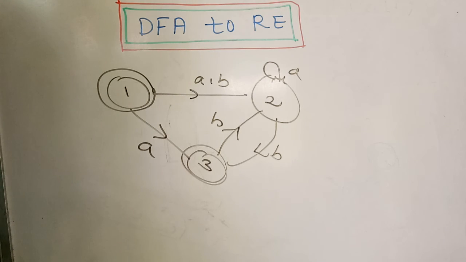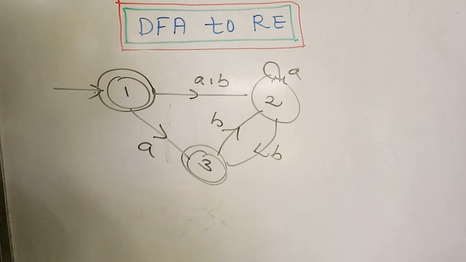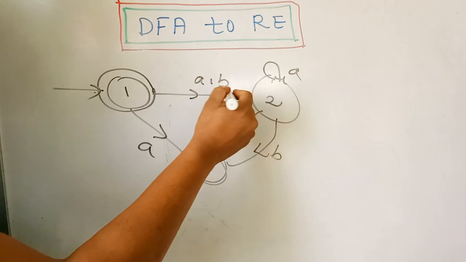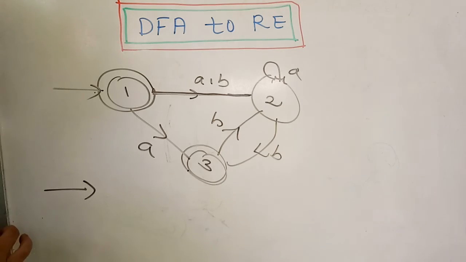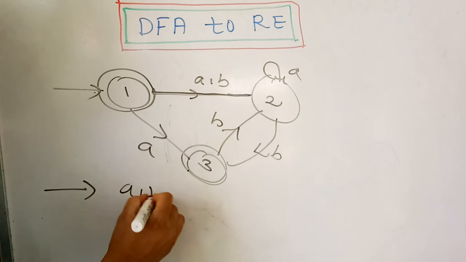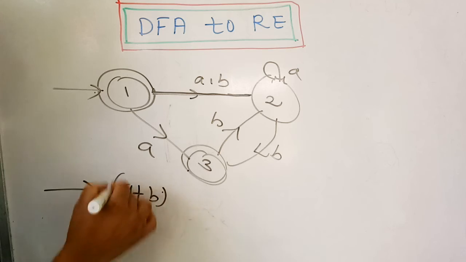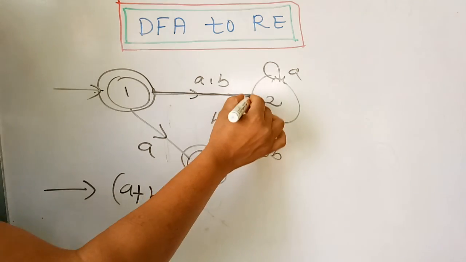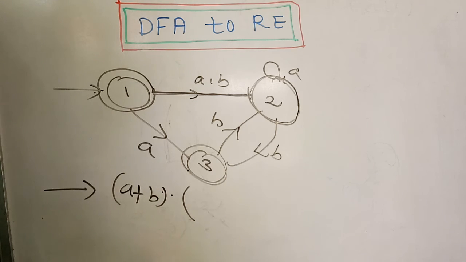After eliminating these states, see here, this is the first state and again a final state, and there is a middle state connecting them, so it will not be deleted but it can be converted into a different mechanism. For that, as you know, we can convert it like A comma B, and A comma means nothing but the plus operator. Then it is in serial fashion, so it is a concatenation.